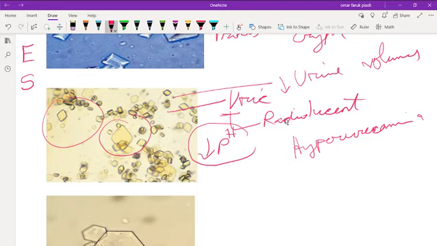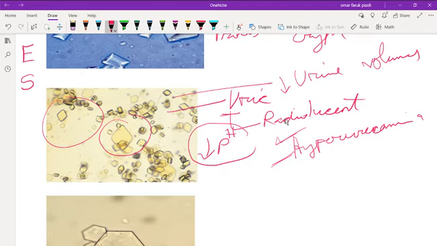For this reason you have to do alkalinization of the urine, and you have to give allopurinol, because there is hyperuricemia. Hyperuricemia can lead to gout, and we know that the medication of gout is allopurinol.